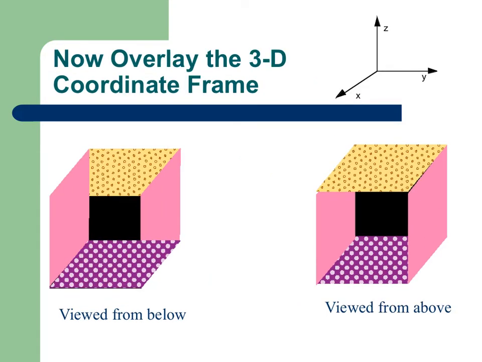So what I want to do is show you that this XYZ axis that we had before, depending on how we lay it on the box, you may see that X is either pointing out of the screen or into the screen.